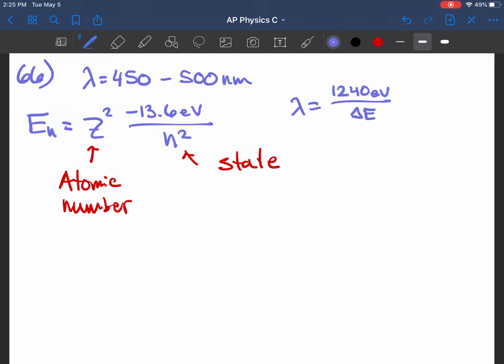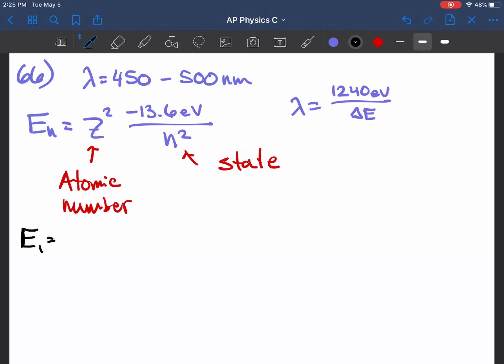First thing that we need to do, though, is figure out the energy levels for this helium atom all the way up to n equals 9, the ninth state, because that's the most that it can have. So you're just going to repeat this over and over.